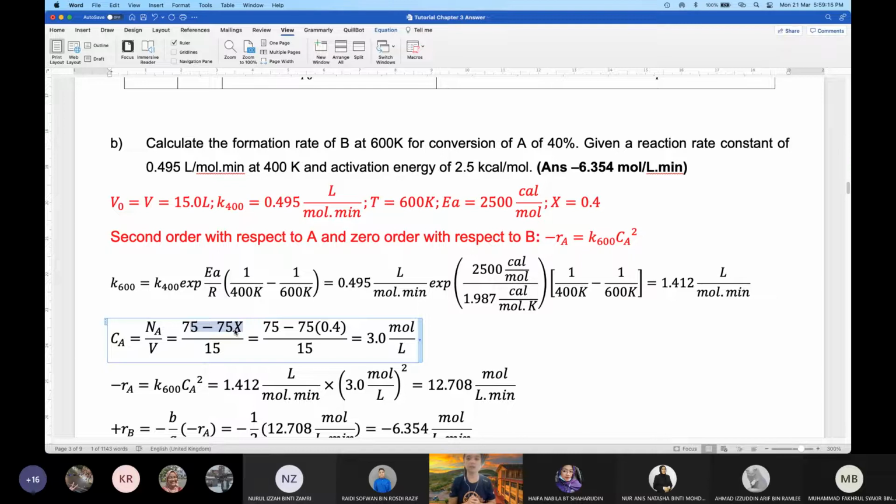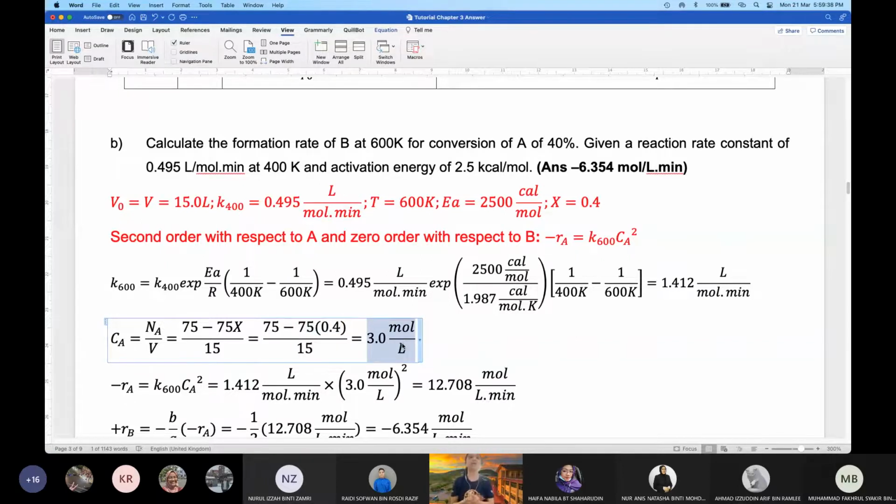The reactor volume 15 liter. Then dalam soalan ni, X is already given. Dalam table kita tak tahu nilai X, right? So the X is left as it is. However, dalam part B, we already know the X is 0.4. So you replace the X with 0.4. Okay, you calculate, you will get your CA as 3 mole per liter. So kita dah tahu dah berapa concentration A.